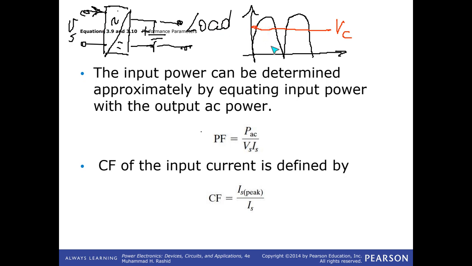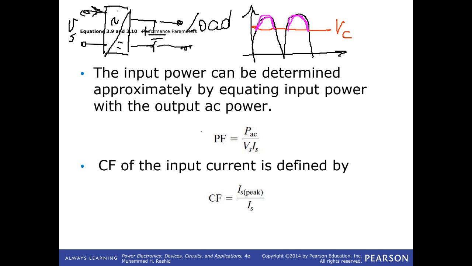So only this part, let's change the color, only this part and this part, current is going to flow.